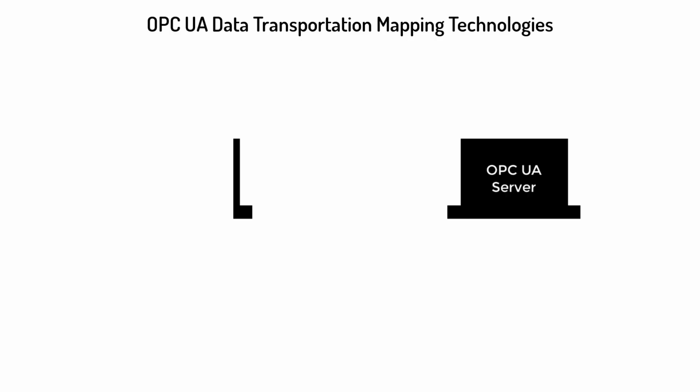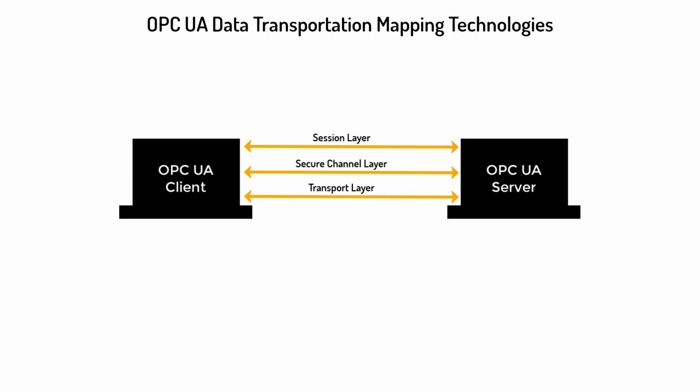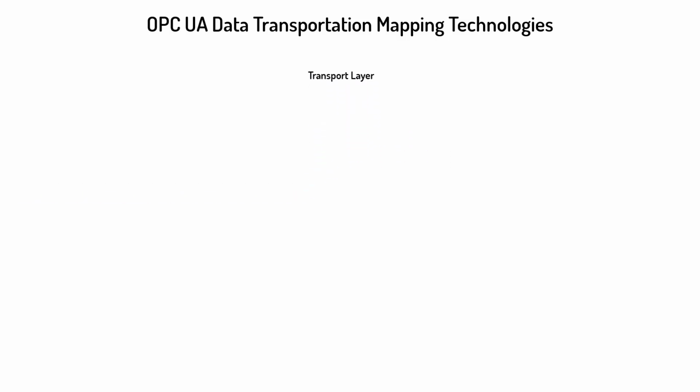Okay, so we know that establishing successful communication between an OPC UA client and server involves the creation of a secure channel layer and session layer. And both these layers depend on an underlying transportation mechanism to move data between the client and server. So for that transportation mechanism, OPC UA defines an abstract transportation protocol called OPC UA Connection Protocol.